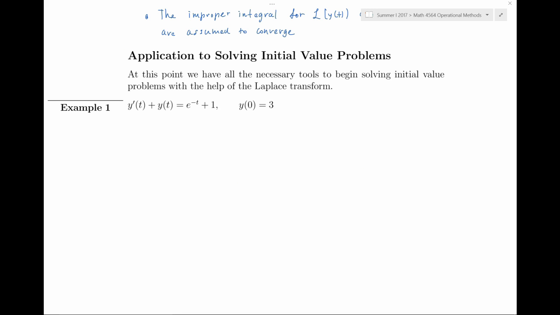So let's look at how the results we just derived help us solve initial value problems. You may remember from your differential equations class that you can solve this equation with the help of the integrating factor technique and then solve for the constants using your initial condition. With the Laplace transform, it changes slightly. So what we're going to do is take the Laplace transform of both sides of the equation.